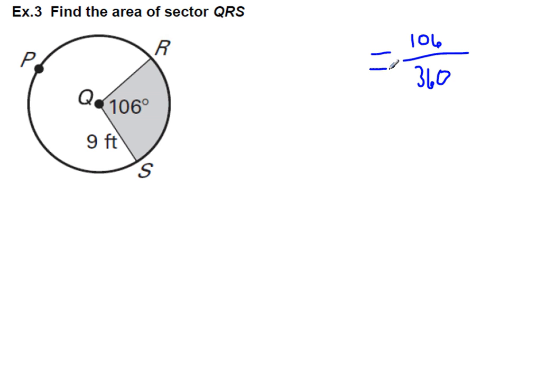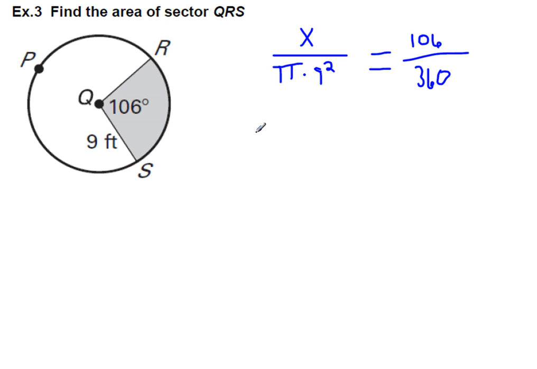On the other side, you're going to have the area of the sector, which we don't know, over the area of the whole circle, which we don't exactly know yet, but we can at least write it out. Pi r squared, so pi times 9 squared. Or if you wanted, just for short, you could write 81 pi. That's the same thing.